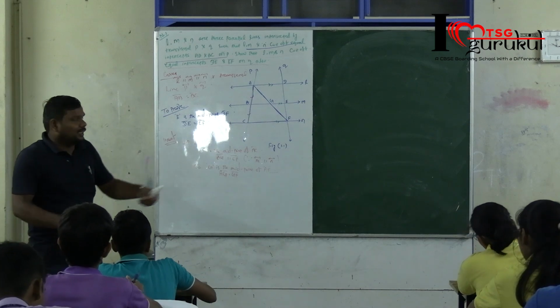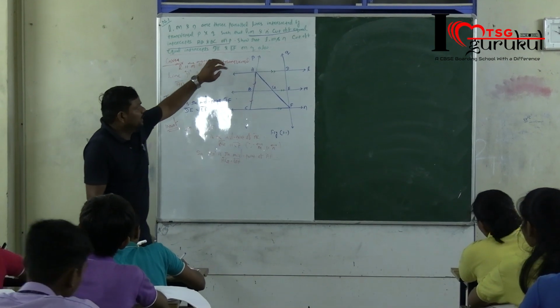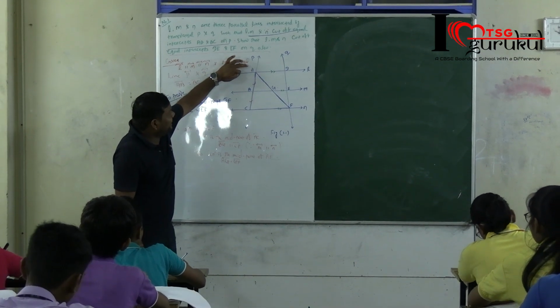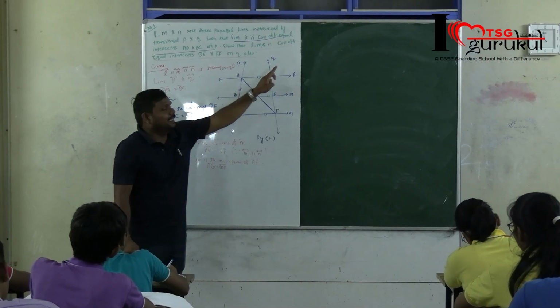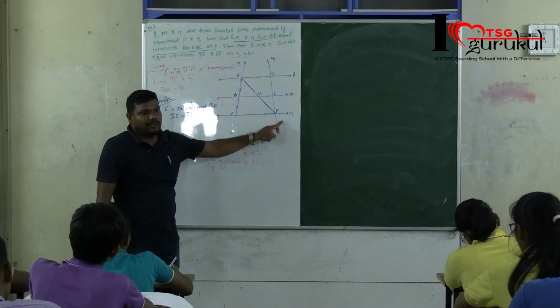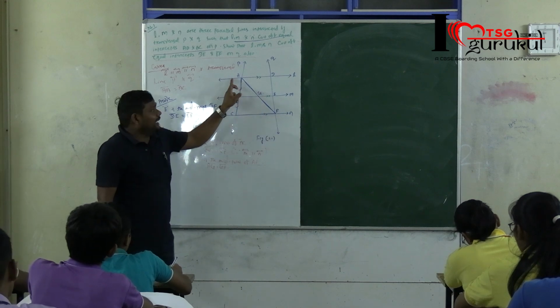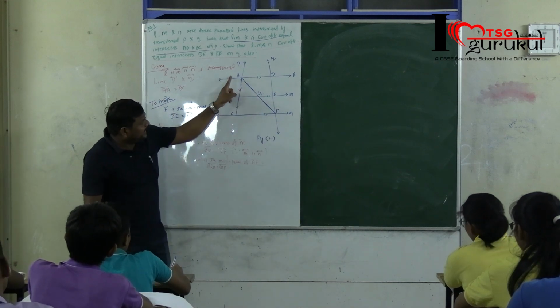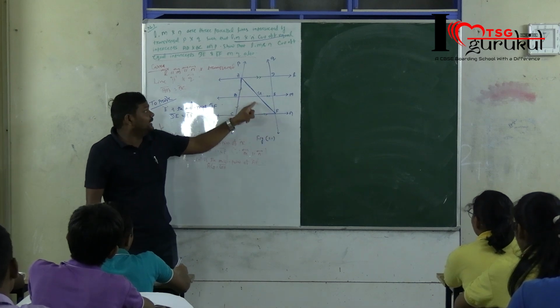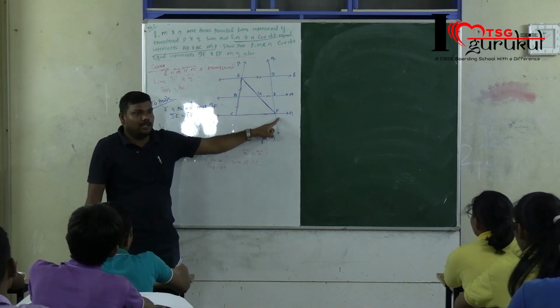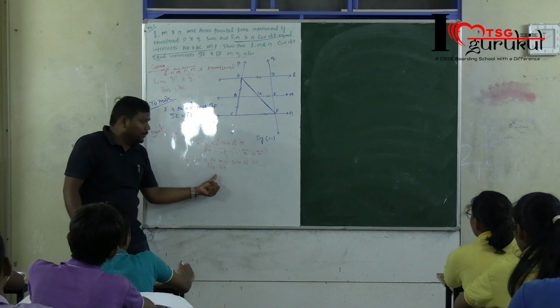No problem? Then jump to the second. Again, in triangle ADF, G is the midpoint of AF. Why? Already proved.